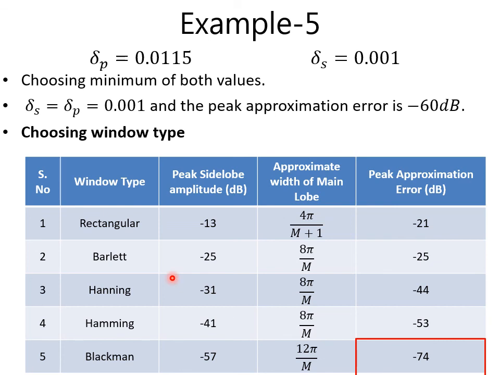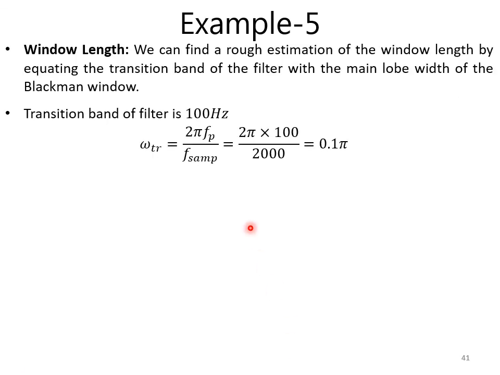Now we have to find the value of M. The value of M can be determined by comparing to the transition band, right? So 12 pi upon M equals the width of the transition band. The transition band is 100 Hz, which is given in the question, on both sides, 100 Hz on the lower side and 100 Hz on the upper side.